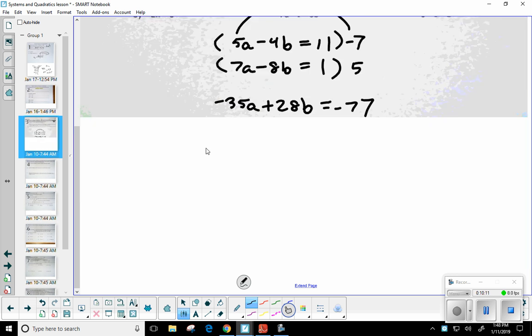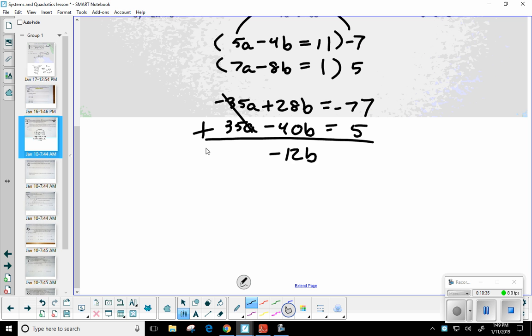Okay. Now let's distribute the 5 across the other equation. 35a minus what? 40b is equal to 5. Okay. Now add them up. The opposites are going to cancel just like we wanted. I'm looking for a 28b minus 40b. Negative 12b.